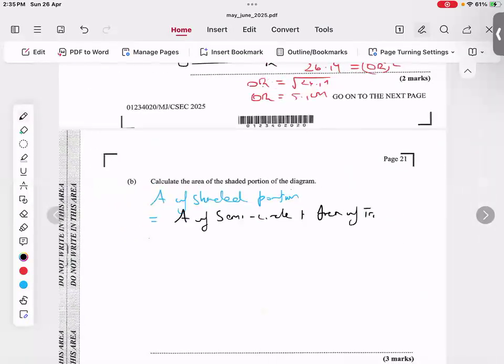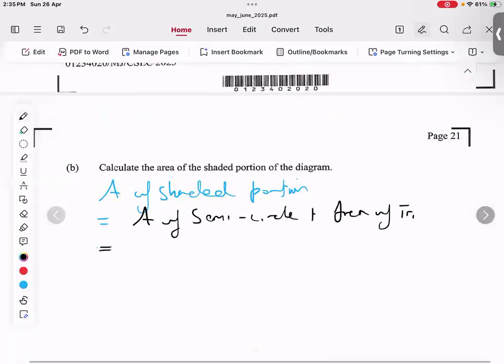So we know that a semicircle is half of a circle. What is the area of a circle? Pi r squared. Good. And remember, if you forget the formula, always check your formula sheet. The area of a circle is at the top. It's a semicircle, so what are we going to do with the pi r squared?